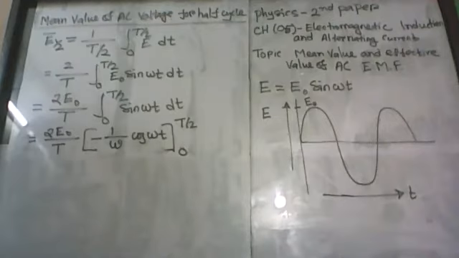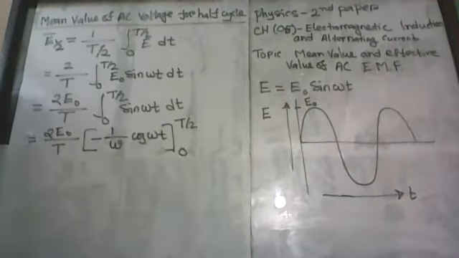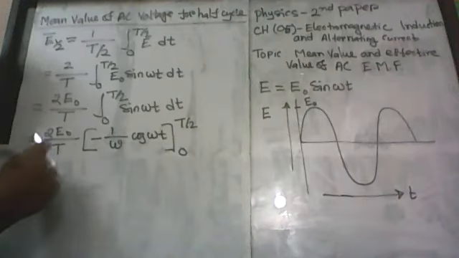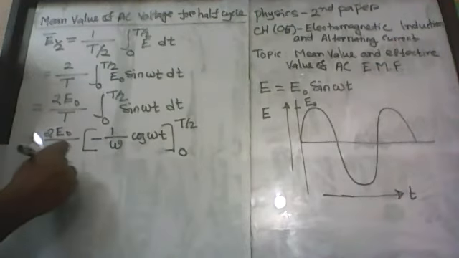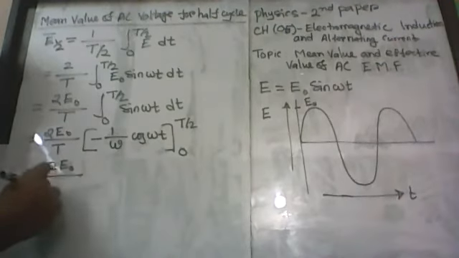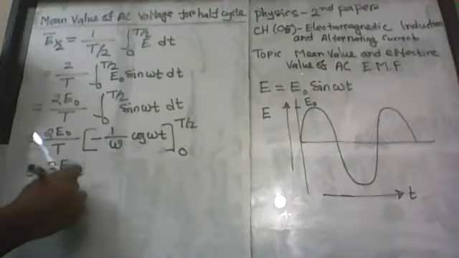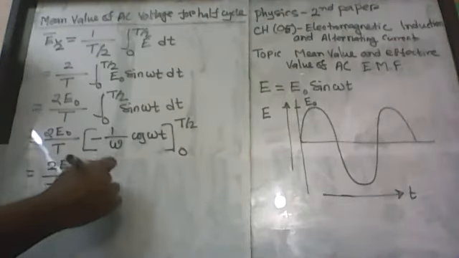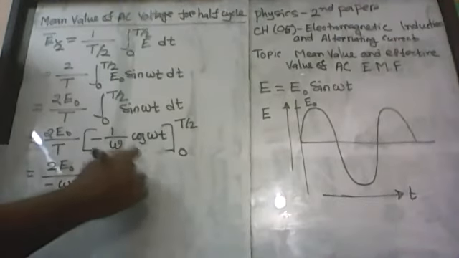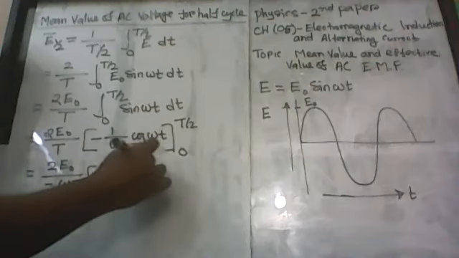Omega, the angular frequency, is also a constant, so it comes out of the integral, and the minus sign also comes out. Then you can write 2E0 divided by minus ωT, times cos ωt with limits 0 to T by 2.